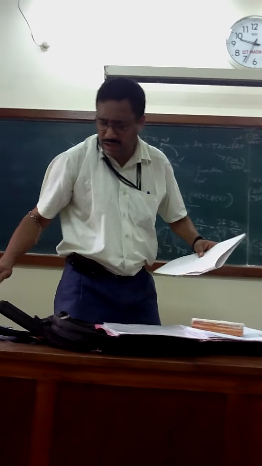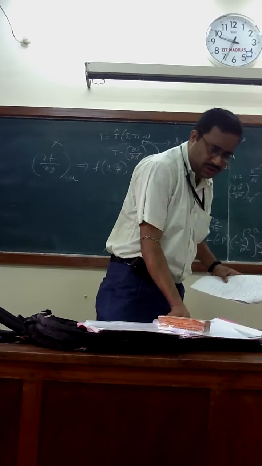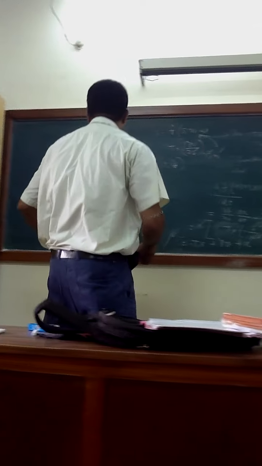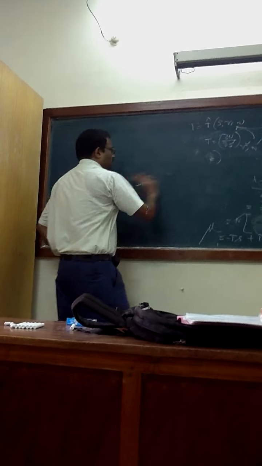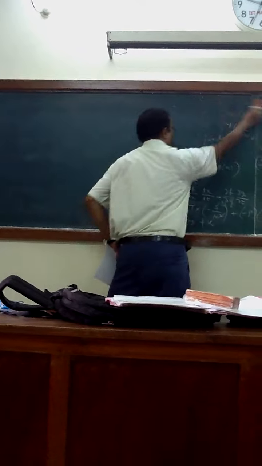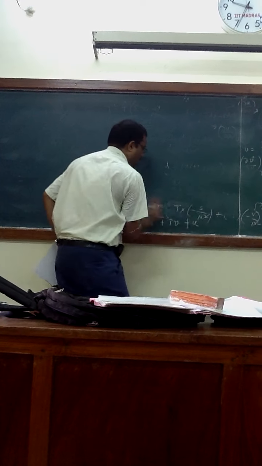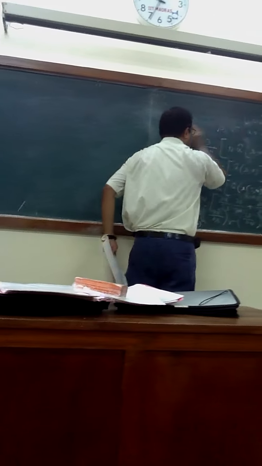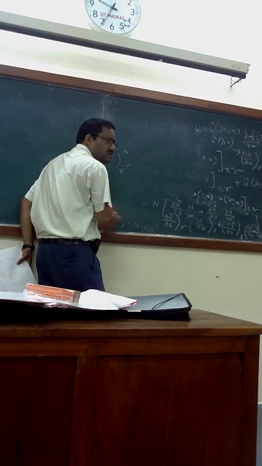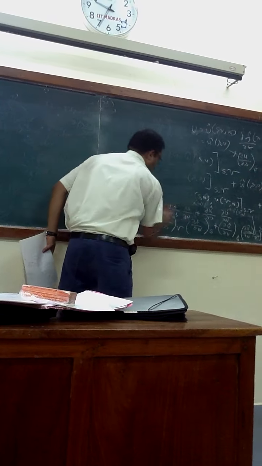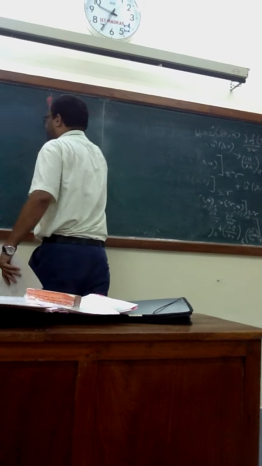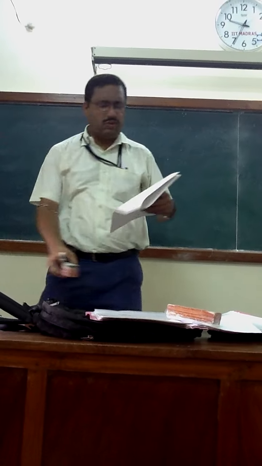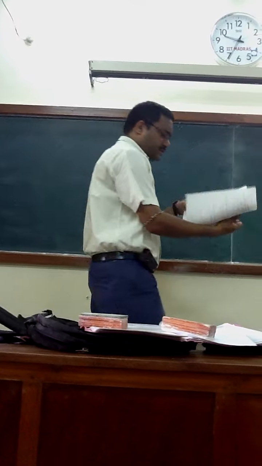We have done it. One interesting thing I asked last class: we did a problem, 1 by T or something, and we showed that it is a zeroth order homogeneous function, right? Some order homogeneous function.